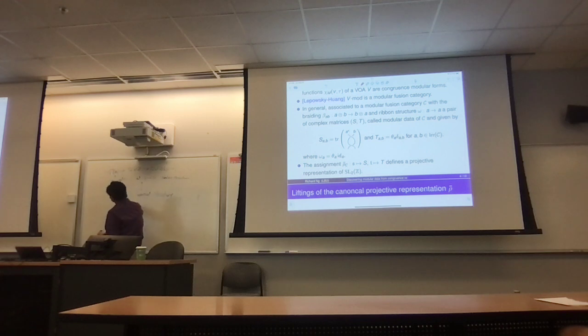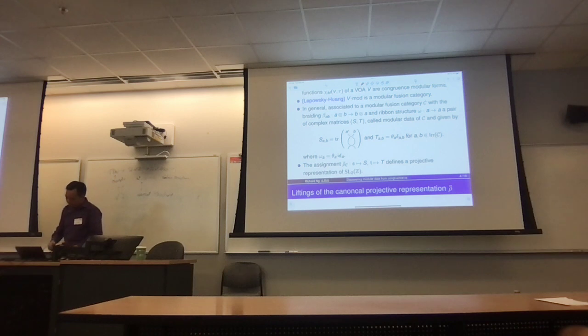So if you fix the braiding, then the ribbon structure and spherical structure are in one-to-one correspondence. If you fix a spherical ribbon structure, you have to use the spherical structure to compute the trace.